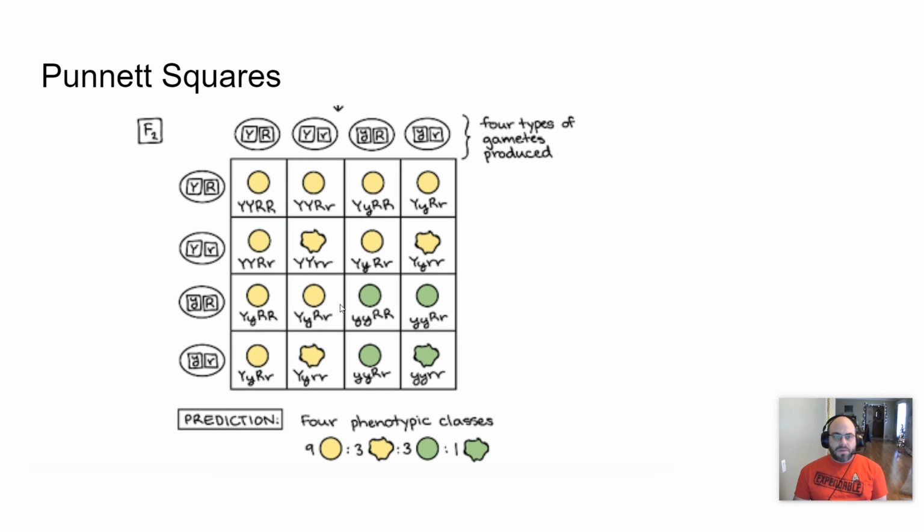I'll give you some examples of those in class, or you could make this giant cross like this and do this. There are dihybrid crosses like you see here. Dihybrid just means that there are two different traits looked at. In this case, you've got seed color and seed shape that are being looked at, or it could just be a monohybrid cross where it'd be just color or just shape. Dihybrid crosses are a little harder, obviously, but in reality, they're all pretty easy as long as you use those laws of probability.